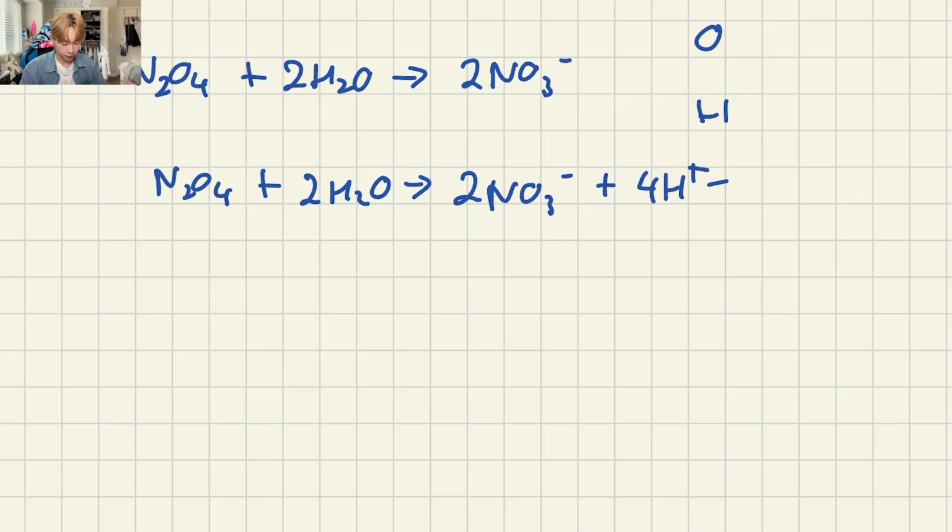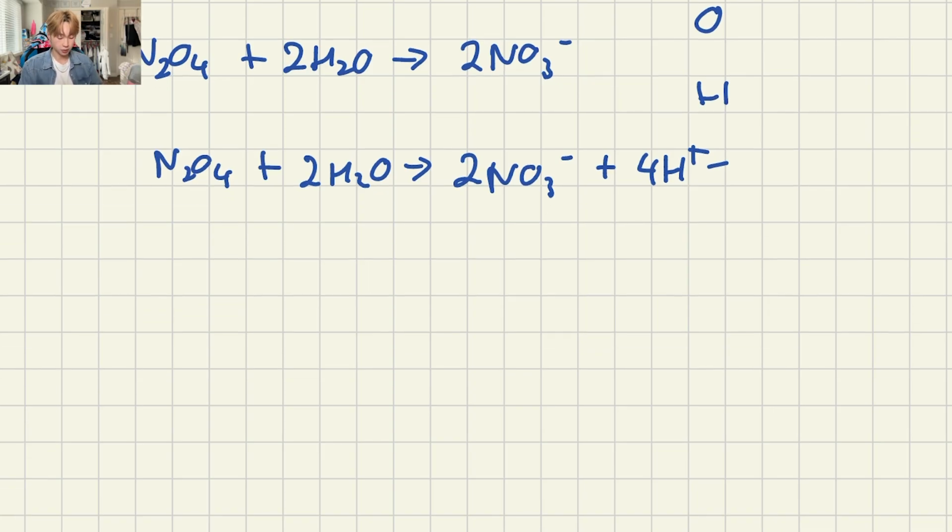Looking at the left side, we have two neutral species, N2O4 and water. But on the right side, we have NO3- and H+. Our NO3- contributes -1, and we have two of them, so that's going to be -2. Our H+ is +1, and we have 4, so that's going to be +4.